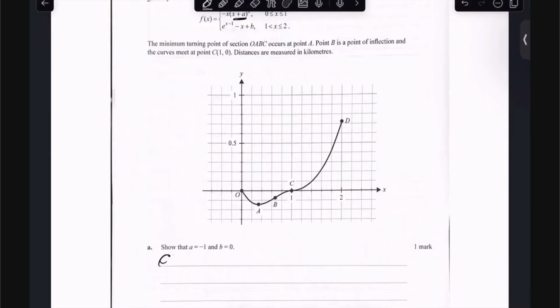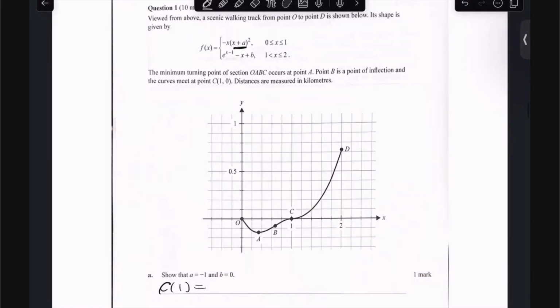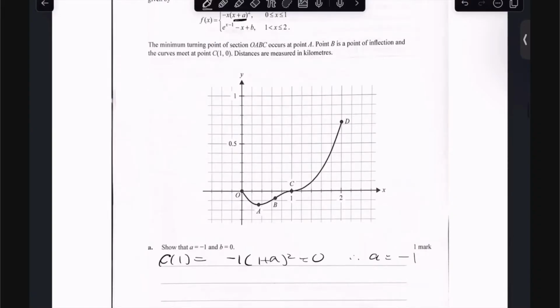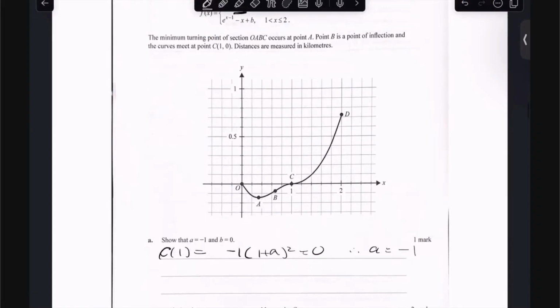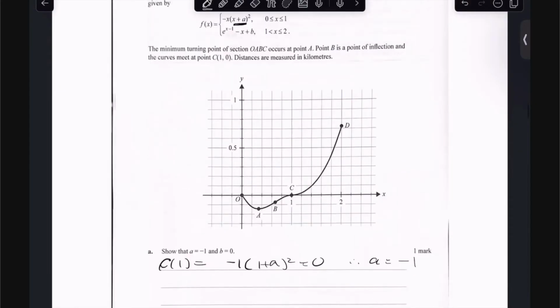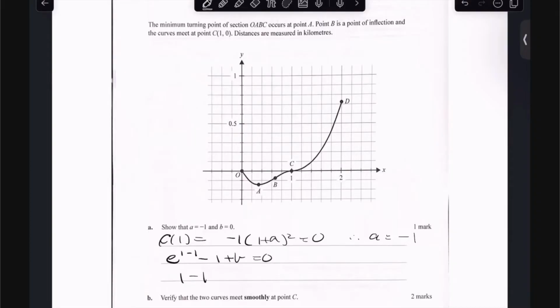So f of 1 is equal to -1 times 1 plus a squared, and that's equal to 0. So that means a is equal to -1. And for b is equal to 0, what else did they tell you? Well, it joins at C. So also e to the power of 1 minus 1 minus 1 plus b is equal to 0. So 1 minus 1 plus b is equal to 0, b is equal to 0.